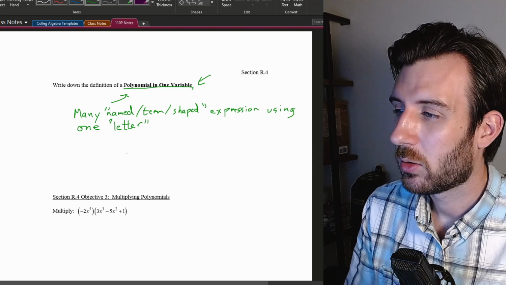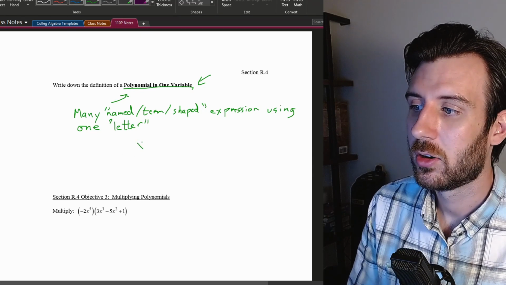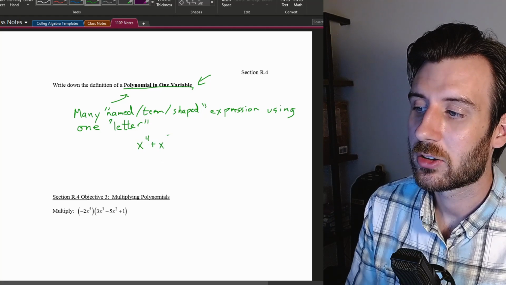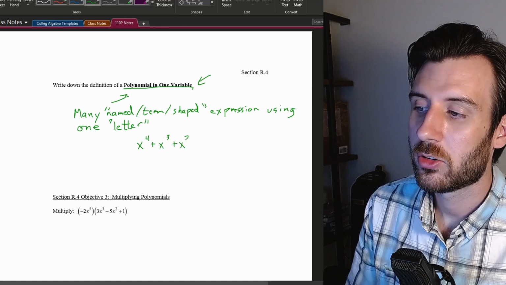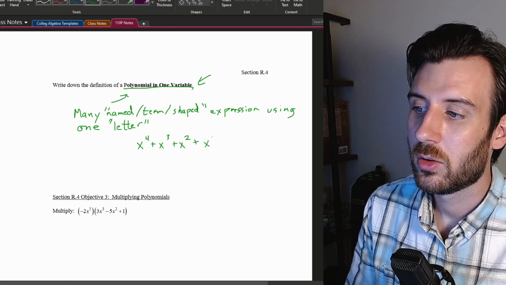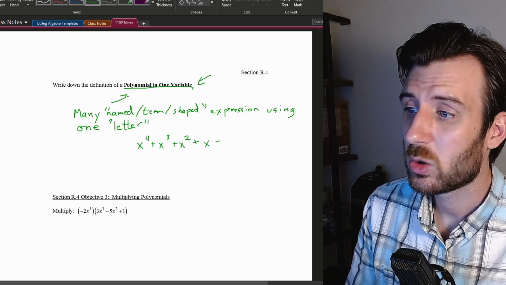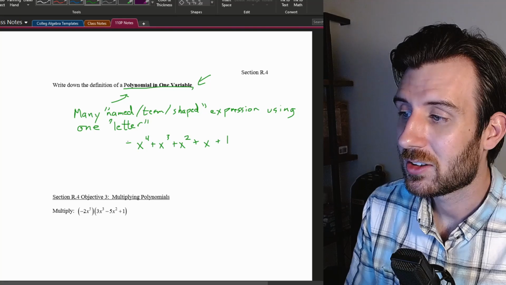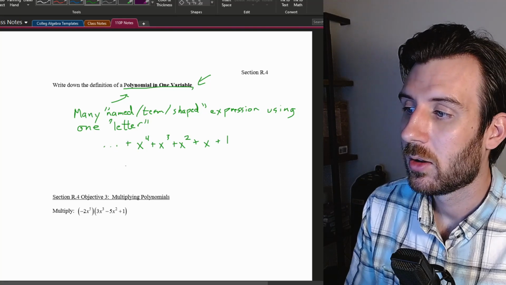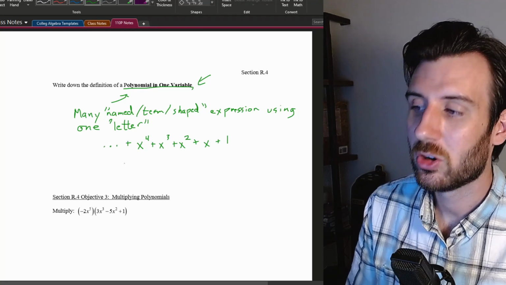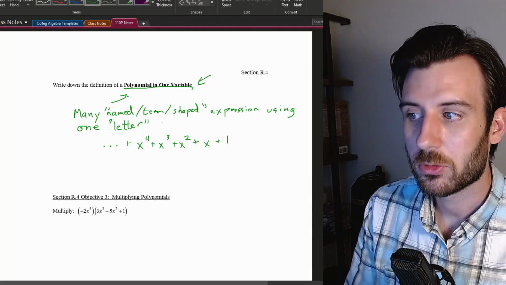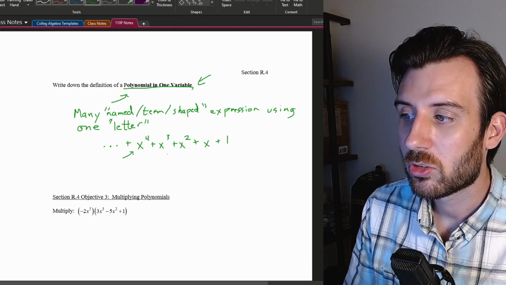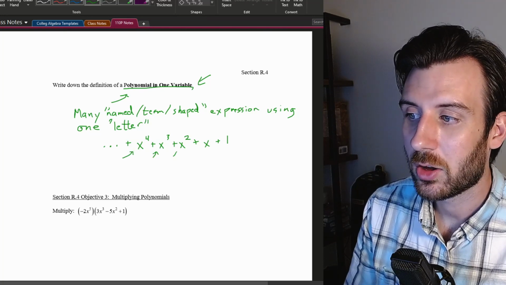So how could we write that down? Again, anything that has x to a whole number power. So we have x to the fourth, we could have x cubed, we could have x squared, we could have x to the first power, which would just be x, we could have x to the zero power, which would just be 1. And then we could continue to grow this as big as we want. And to help organize this, because we could have many of these x fourth shapes or x cubed shapes or x squared shapes, we're going to say that there could be an amount in front of each of these, some kind of unknown amount.